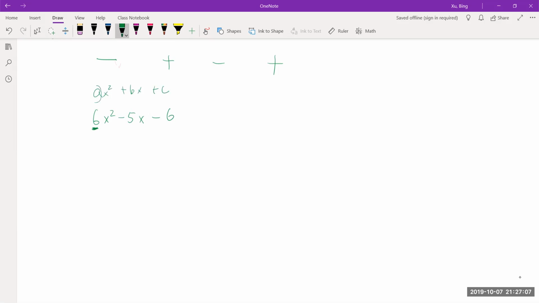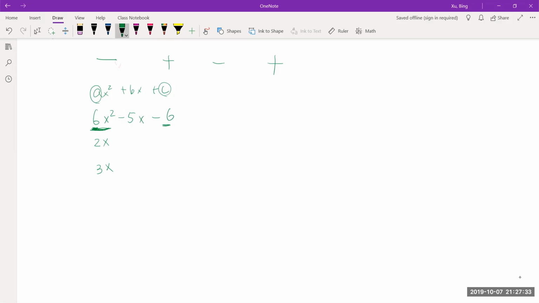You want to factor your a and factor your c. So factor this 6, factor this negative 6. Really, I'm factoring this 6x squared, so it will be 2 and 3. Really, I'm factoring it as 2x times 3x, but I just don't write the x's because this looks simpler.